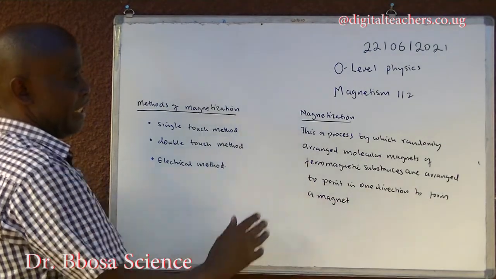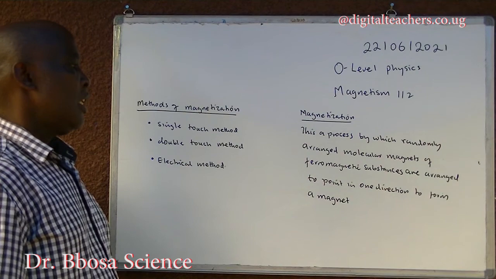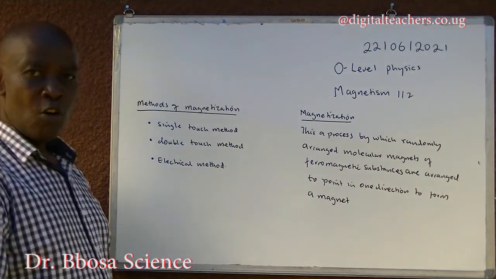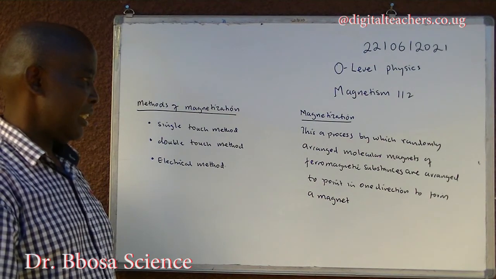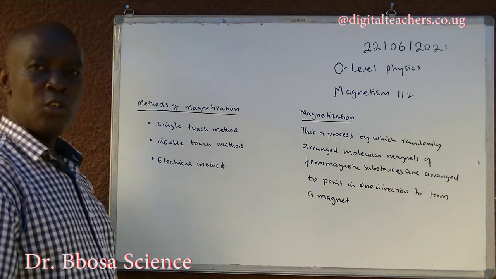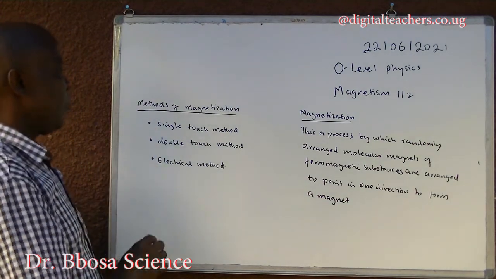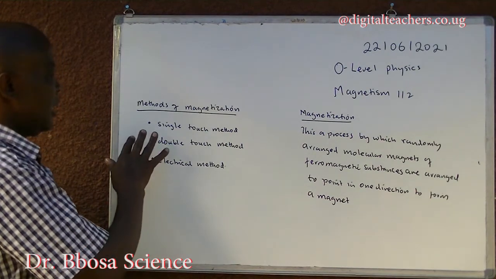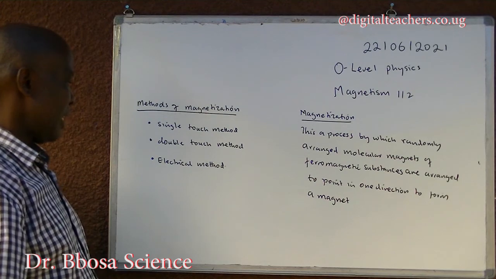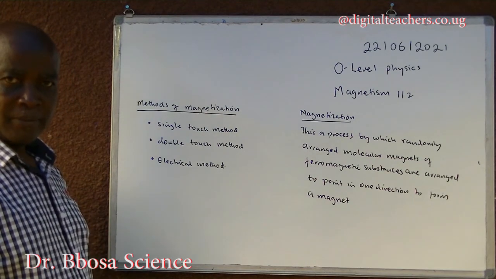Magnetization. This is a process by which randomly arranged molecular magnets of ferromagnetic substances are arranged to point in one direction to form a magnet. Methods of magnetization: single touch method, double touch method, and electrical method.